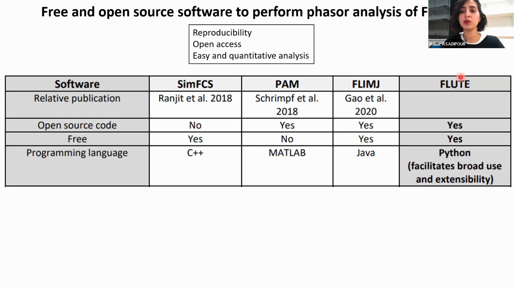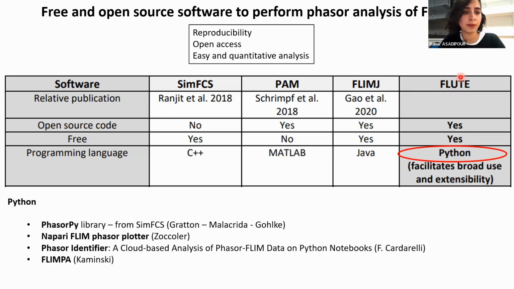The advantage of FLUTE, let's say, is that it is in Python and it's both open source and free, because there's this shift towards more Python-based codes, and there are other efforts in the community with Python, such as PhasorPy, Napari FLIM Phasor Plotter, Phasor Identifier, and FLIMPA.